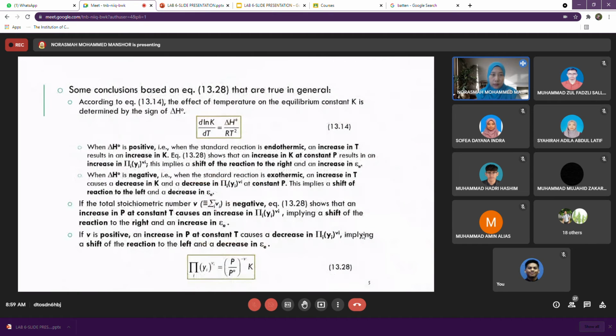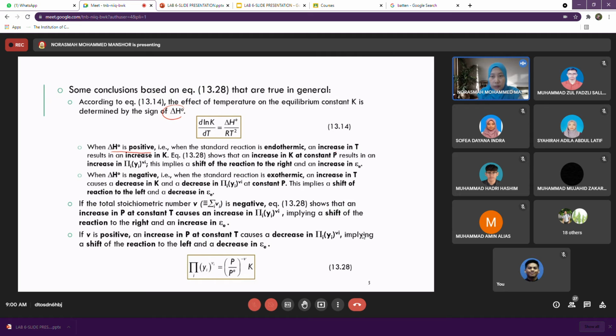These are some conclusions based on equation 13.28. According to 13.14, the effect of temperature on equilibrium constant K is determined by the sign of the standard heat of reaction, delta H naught. When delta H naught is positive, that means the standard reaction is endothermic.